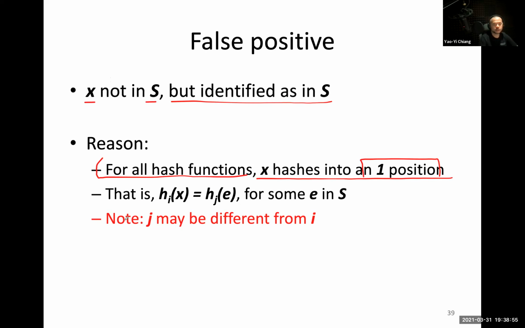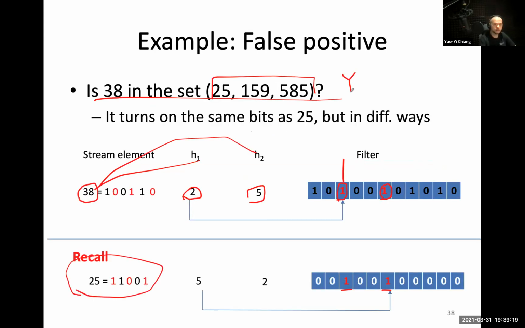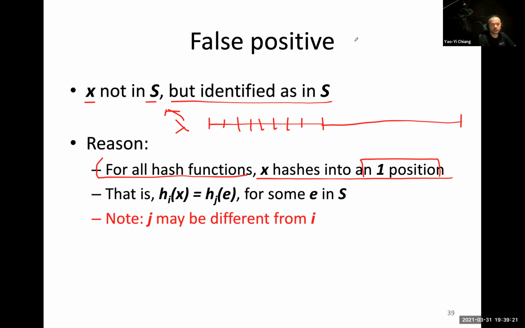So think about this. When we rely on this array to tell us if a new data point is in S, would you have a higher false positive rate when you have a longer array or a shorter array? Okay, the question again: what will happen to the false positive rate when you have a long array or a short array?